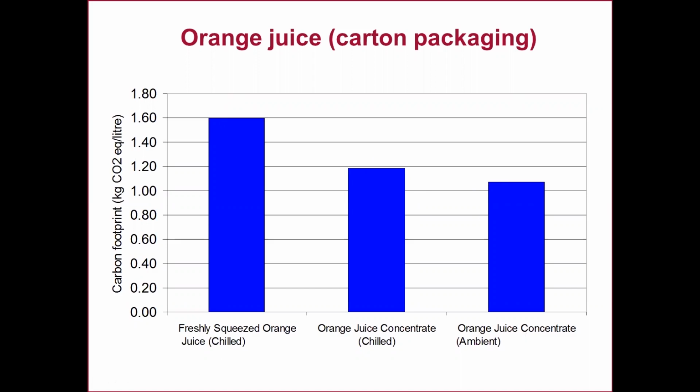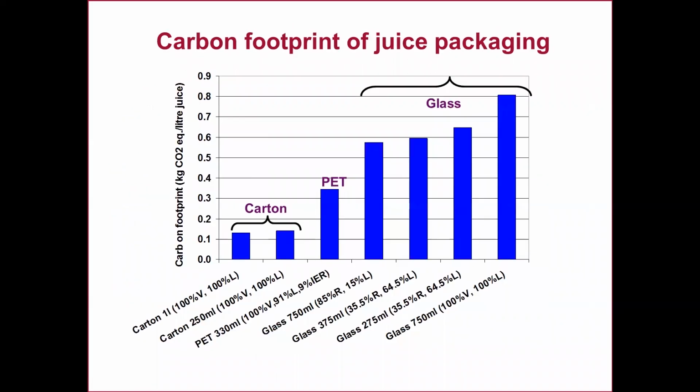This is largely related to the use of energy in refrigeration. Besides the retail stage, another factor that could influence the impact is the type of packaging in the various food products. Generally, carton and PE have lower impacts compared to, say, plastics.